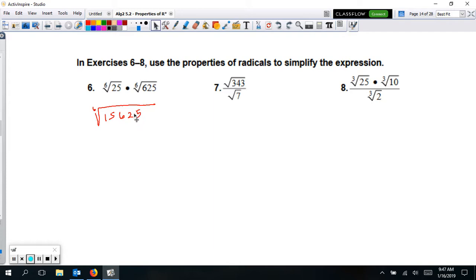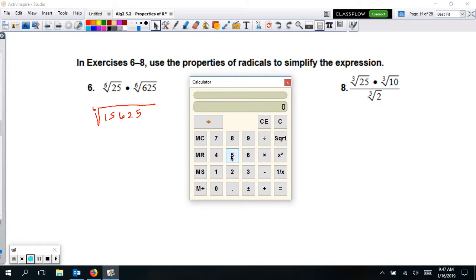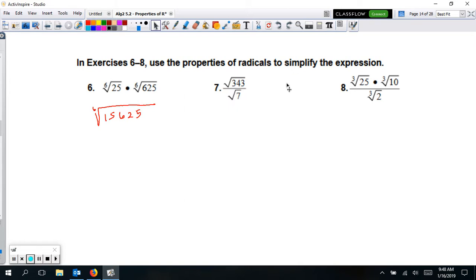This ends with a 5, so I would try 5 first and see if I multiply 5 times itself 6 times. We can use our calculator for this. 5 times itself 6 times, will it give me that number? So 5 times 5, and 3 times, here's 4 times, 5, 6 times, and it does give me that number. So I know that this is a perfect sixth root, and that the sixth root of this number is 5.